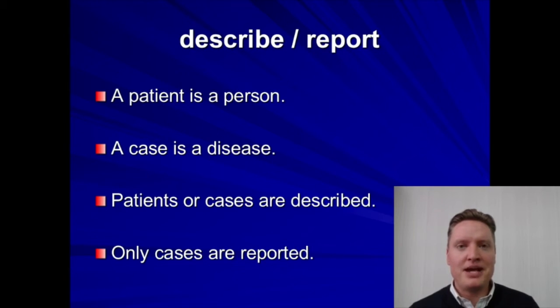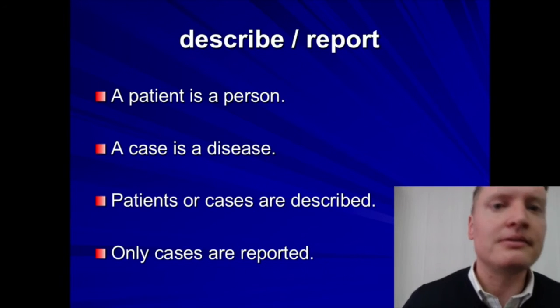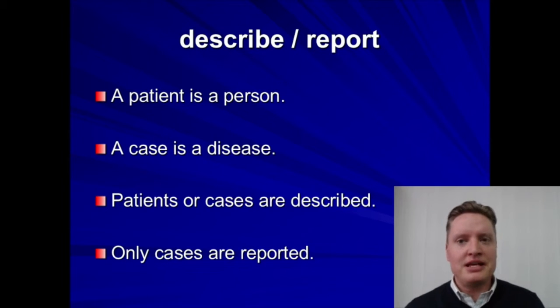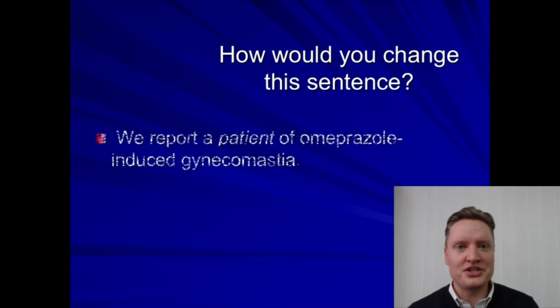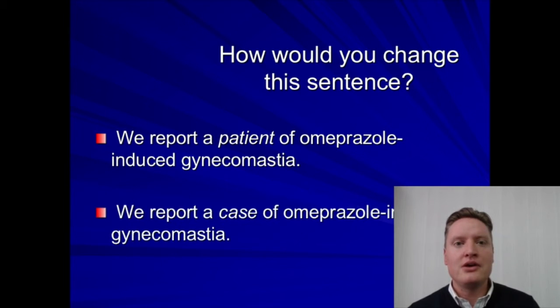Now, patients or cases can be described, only cases are reported. Here's an example. We report a patient of this disease. No, we report a case of this. We're talking about the disease here.